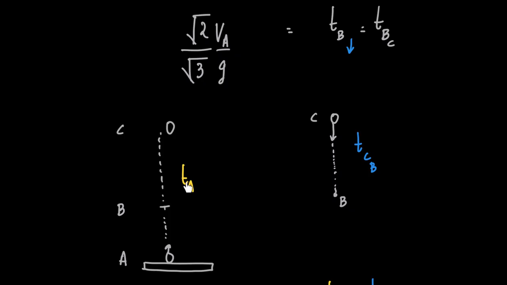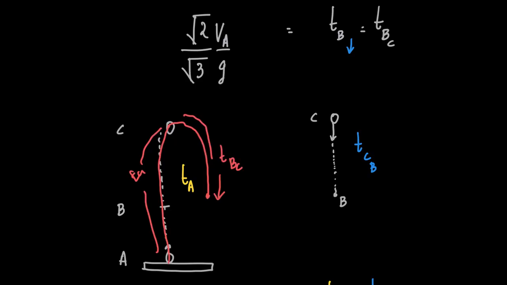Time of ascent is time taken to reach C from A. So this much portion here is time of ascent, and then this much portion here is time to reach B from C. And at this position, we have two instances of time.